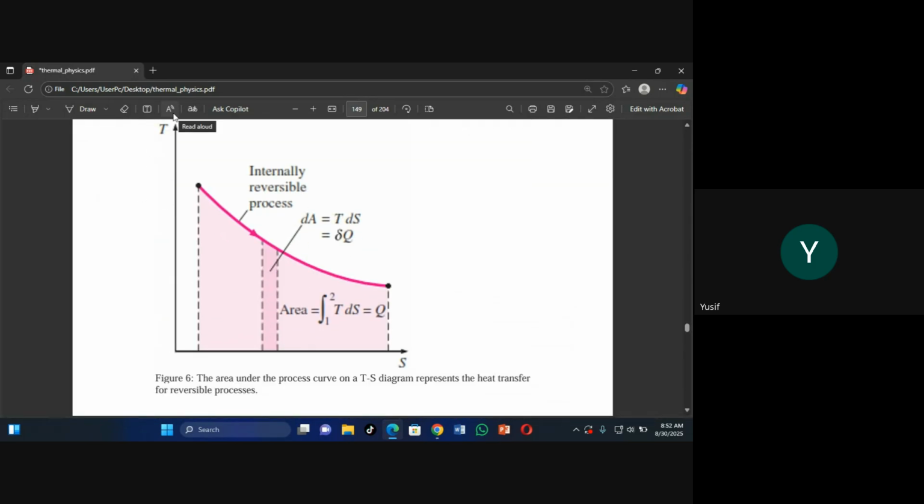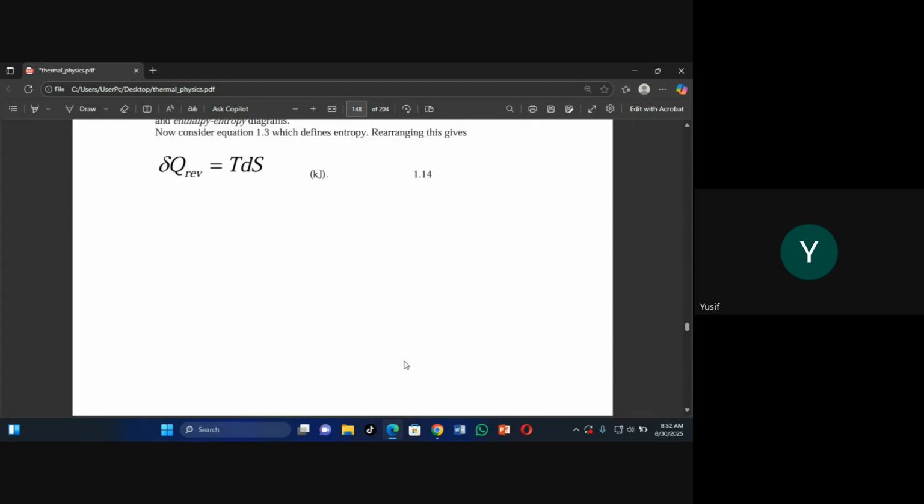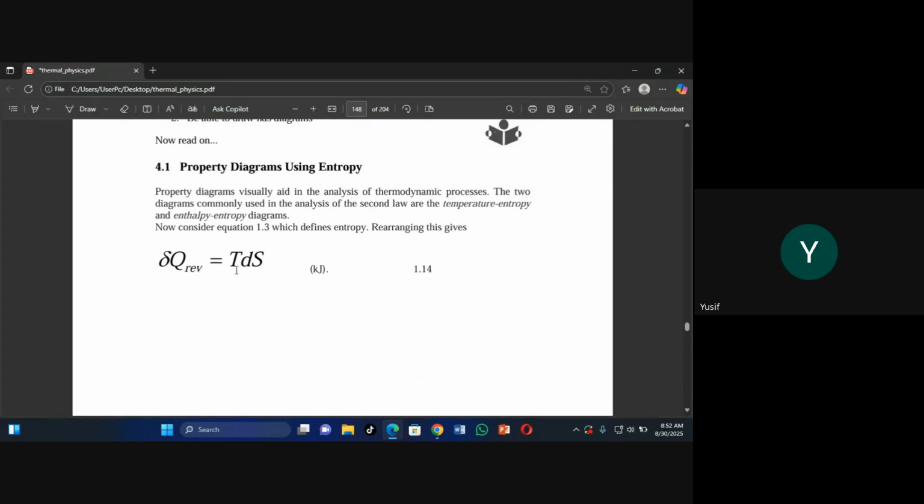So you have temperature against entropy. And if you look at this expression here, temperature against entropy, it means when you plot a graph of T against S, you are going to get a slope or a gradient to be what? The heat.